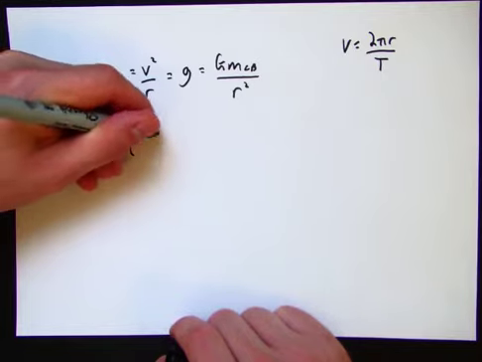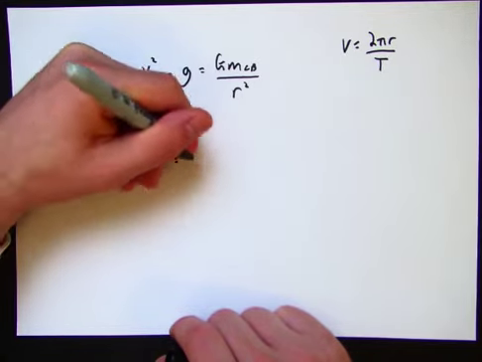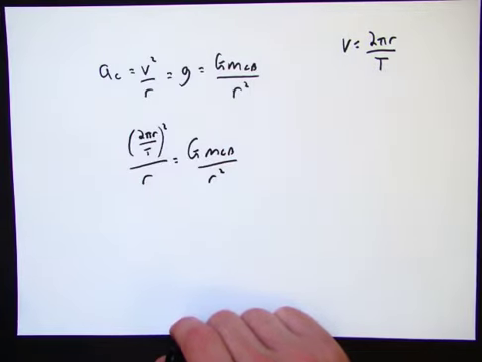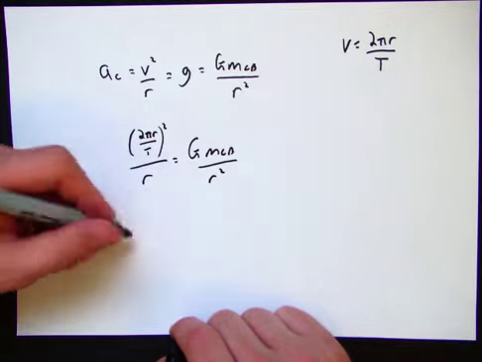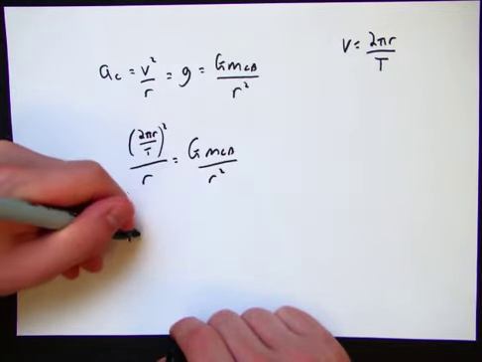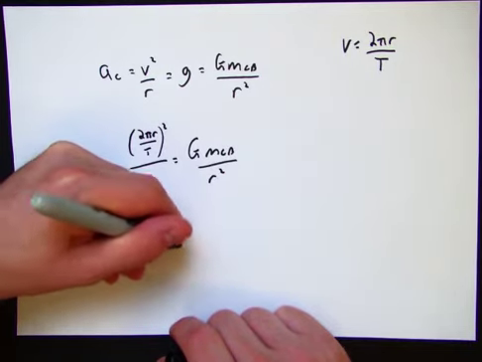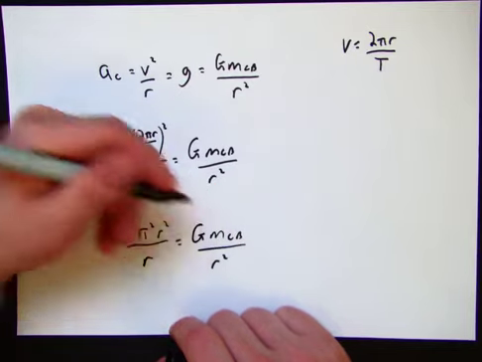If I have 2 pi r over T, squared, all over r, that's going to equal G M cb over r squared. I'm going to square this top term, and I get 4 pi squared r squared, all divided by r, which equals G M cb over r squared.